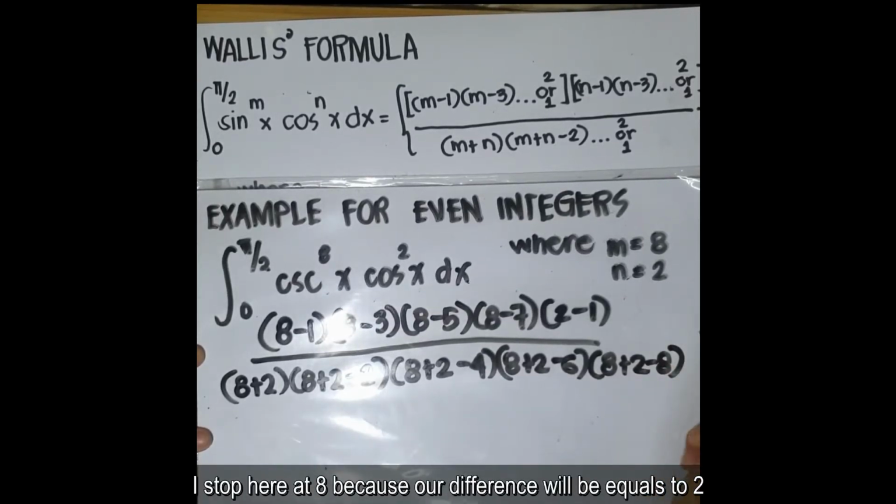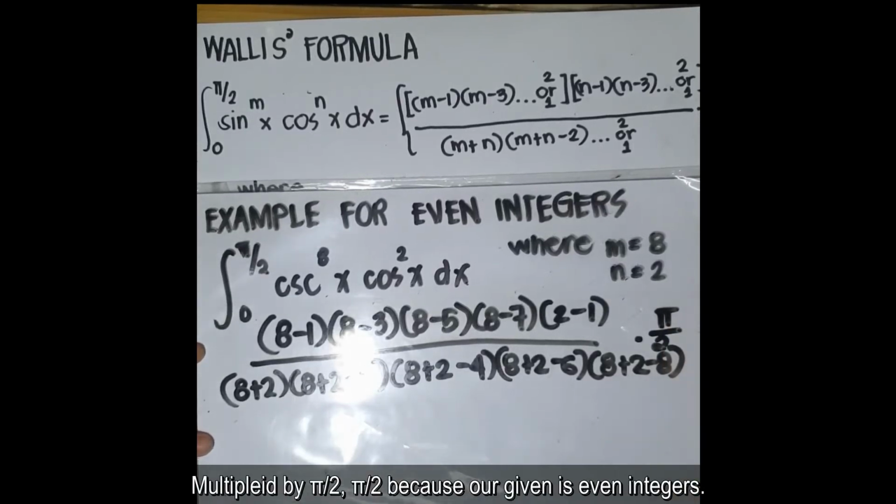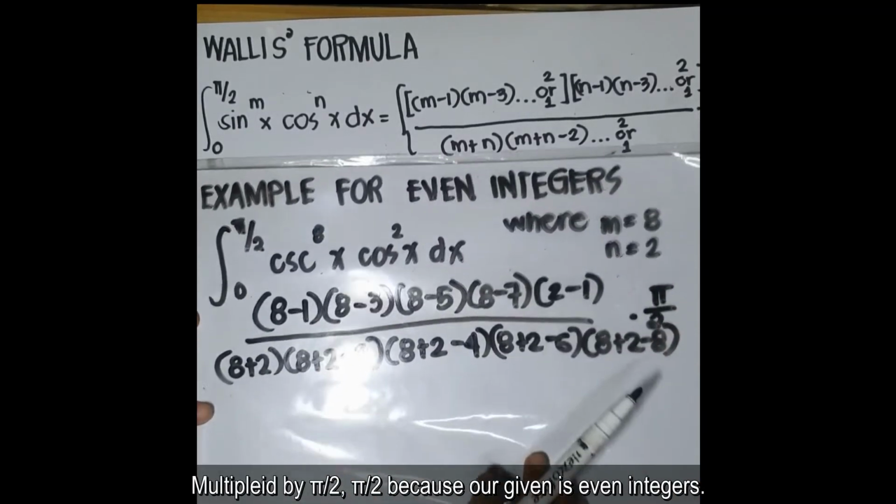I stop here at 8 because our difference will be equal to 2. Pi over 2, because this is an even integer.